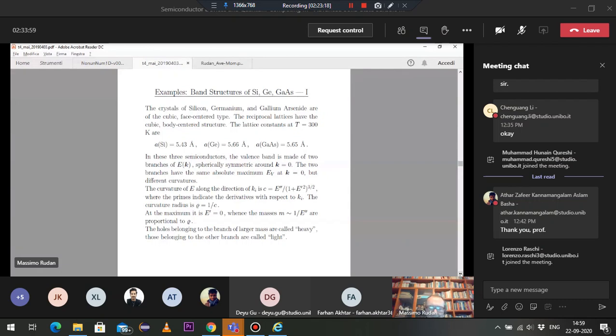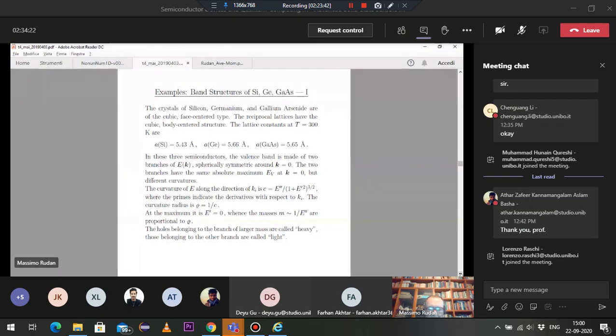So the lattice constant at 300 Kelvin for silicon is 5.43 angstrom, for germanium 5.66, and for gallium arsenide is 5.65. Okay.